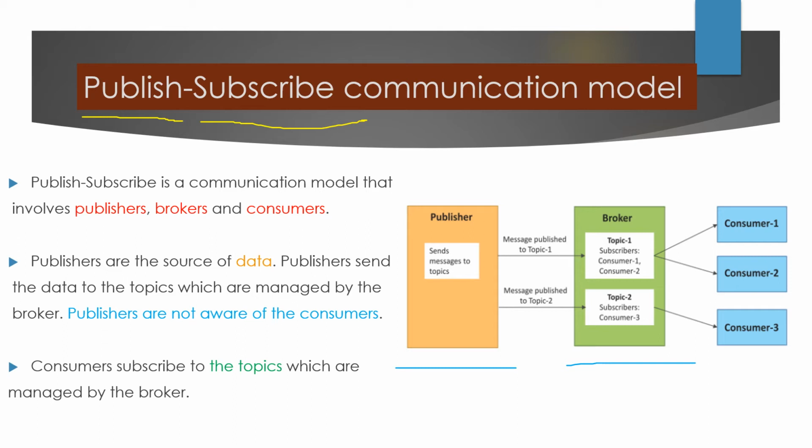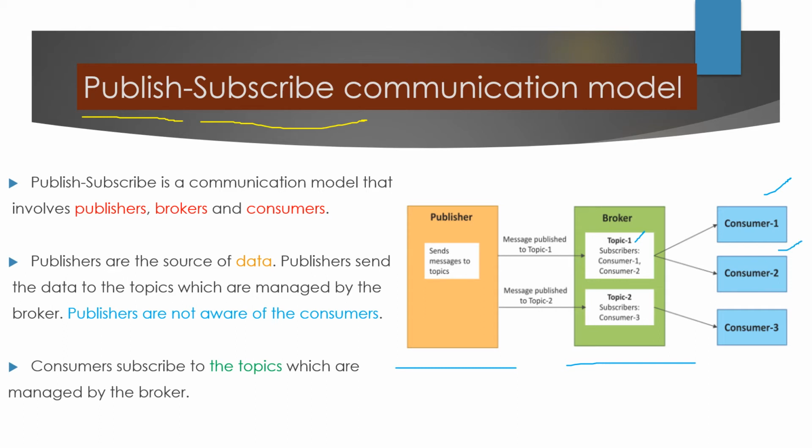Here it shows topic 1, and it contains subscribers. How many subscribers are there for this one? There are two subscribers, consumer 1 and consumer 2. Subscribers are also called consumers here. This is the first subscriber and this is the second one.